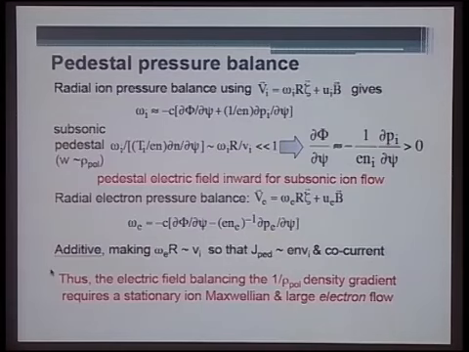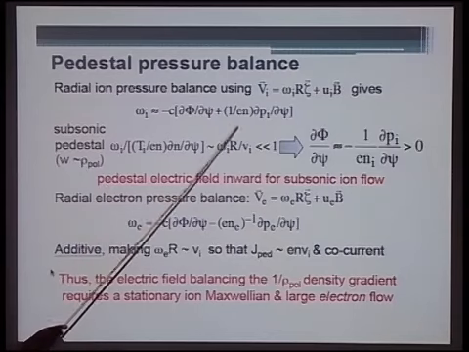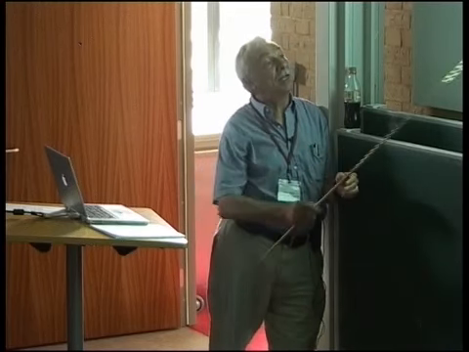When they measure flows in CMOD and other devices, they're subsonic. So what has to be happening is that these two terms have to be trying to cancel in some lowest order sense. That is, the E cross B and the ion diamagnetic drifts are trying to cancel. That means the E cross B drift and the electron diamagnetic terms are trying to add, and so you get electron flows that are near the ion sound speed.